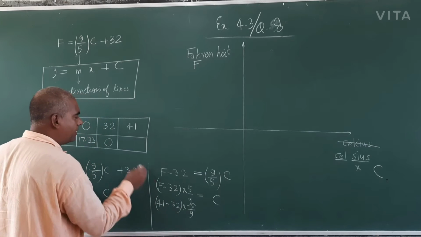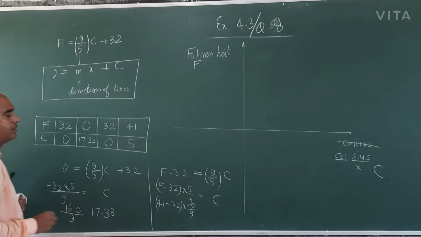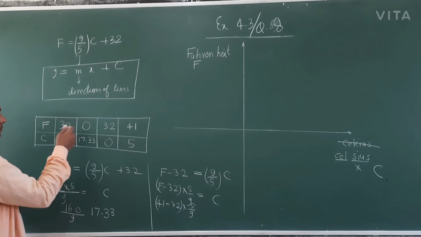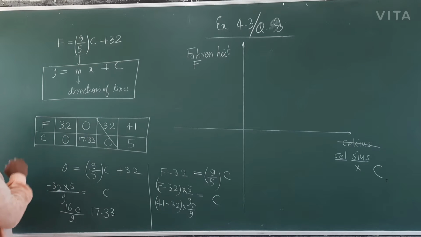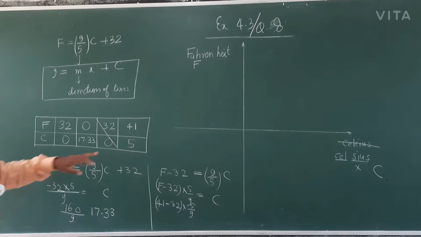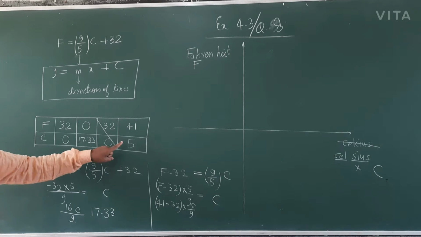So you will get C is equal to 5. This is the same value, so it's no use because we have done it. So this is the method to get a rational number.